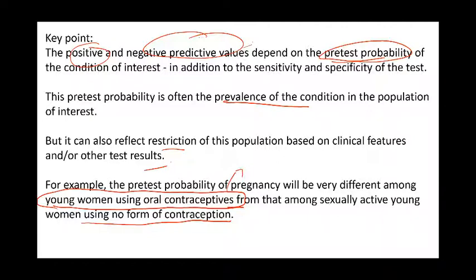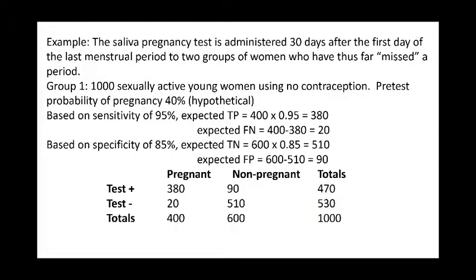However, for those who are using them, the number of pregnancies would be lower, and using no form of contraceptives, the number of pregnancies will be higher. The same saliva pregnancy test is administered 30 days after last menstrual period.